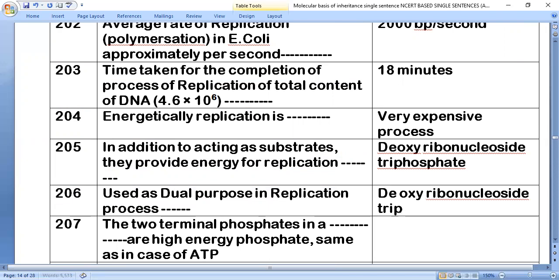The two terminal phosphates in a deoxyribonucleoside triphosphate are high energy phosphates, the same as in the case of ATP.